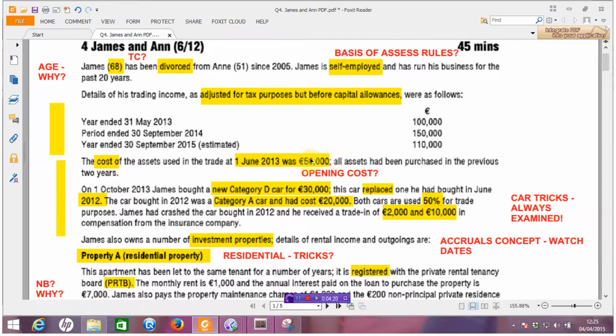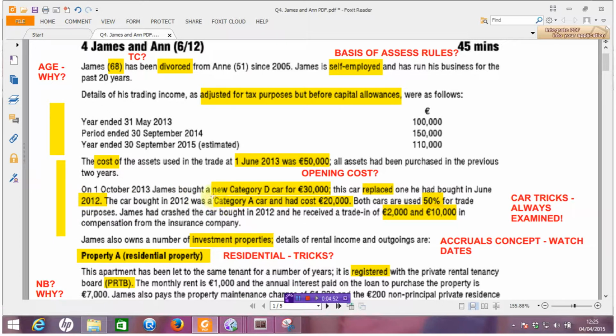And you remember with capital allowances that our key issue is to try and populate that little cost box, as it were, and that will have opening costs, additions, disposals, and closing costs. So really, we've got to get to that box and include cost figures only as quick as we can. Okay, so there's our first figure of 50,000 for our opening cost. In terms of the detail here, I'll go into more detail when we look at the answer.